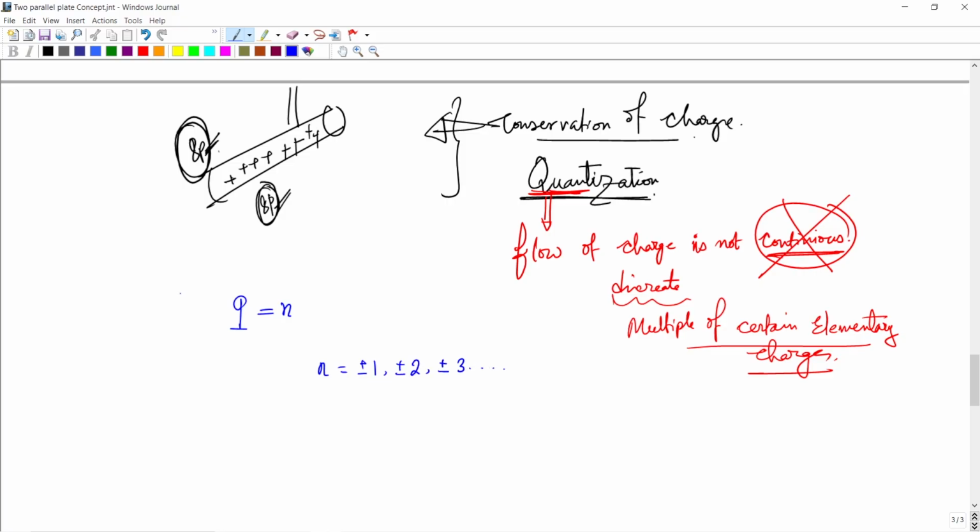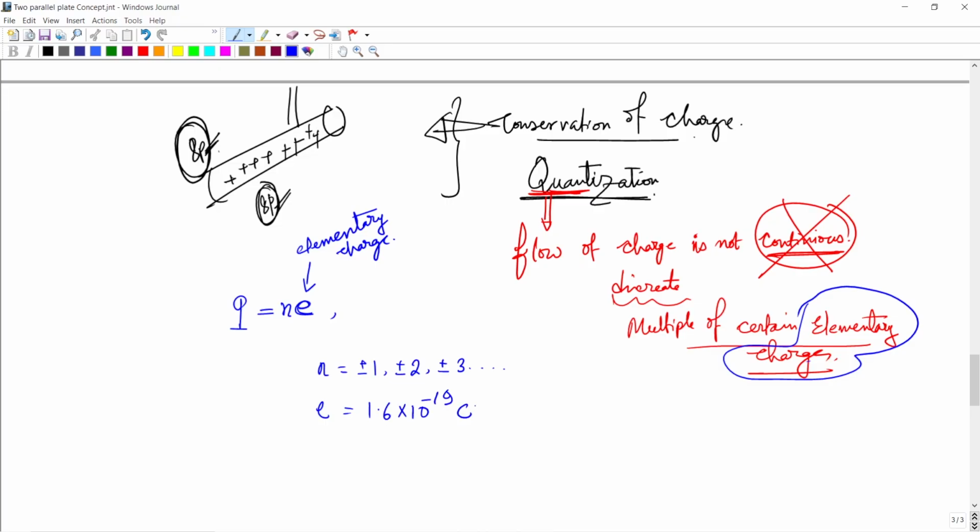Here e is called the elementary charge. The value of e is 1.6 times 10 to the power minus 19 coulomb.